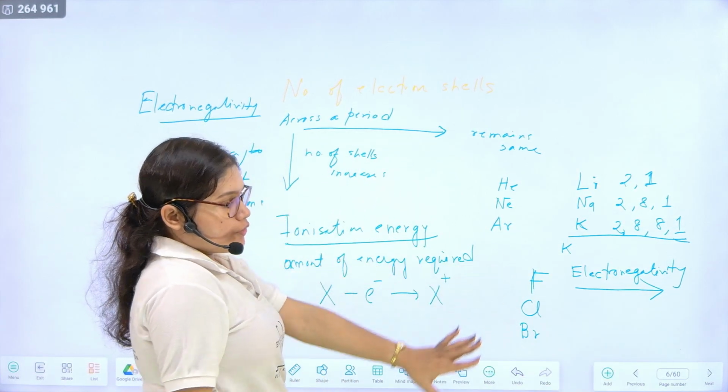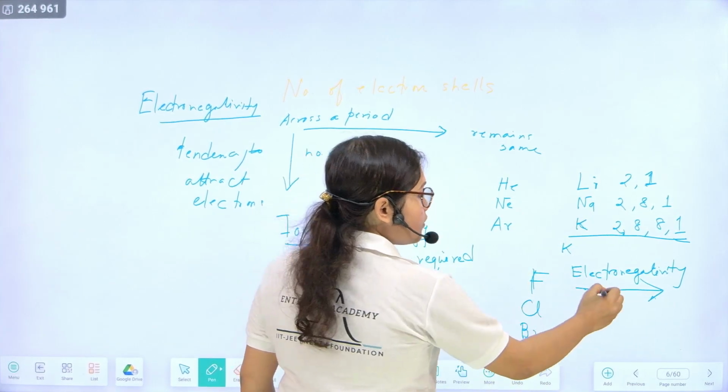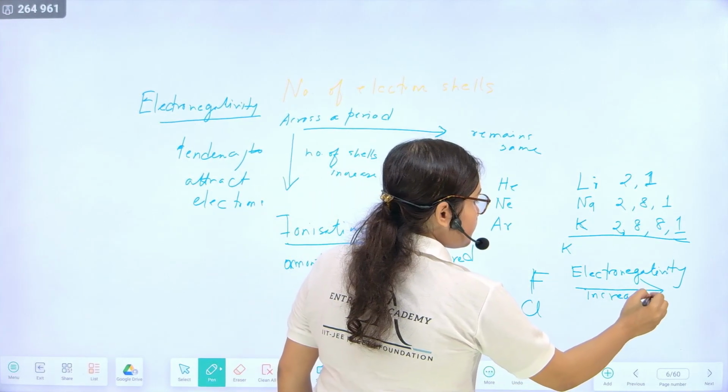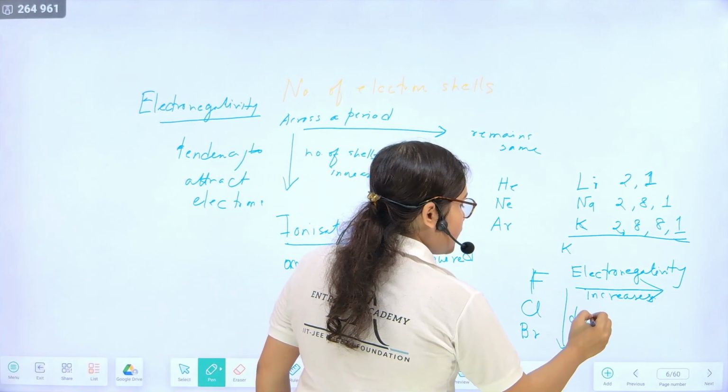From left to right across a period, electronegativity increases, and down the group it decreases.